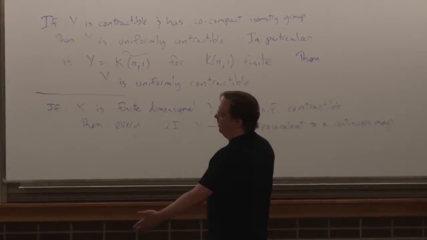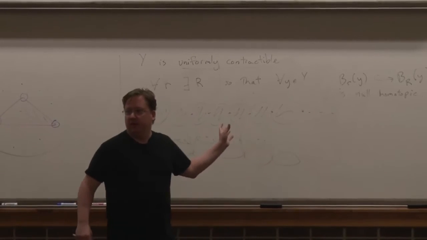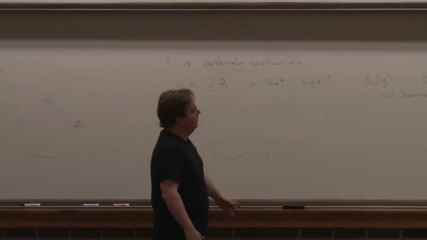Okay, which means a lot of topology that you see in these spaces is actually implicitly QI invariant. And in fact, we may need this later.